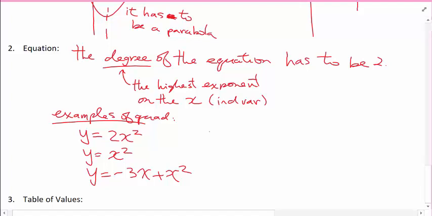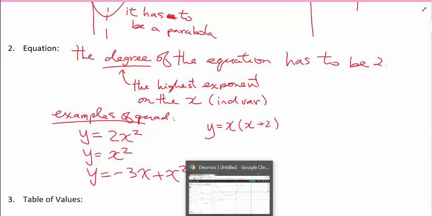So I'm just writing examples of quadratics right now. Is this quadratic? Are you sure? It is quadratic. And why is it quadratic? Watch.